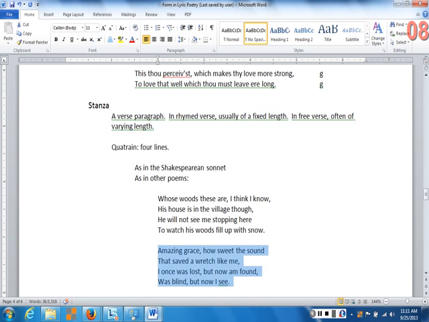All right? A song, a hymn, a gospel song, if you will, that is written in groups of four lines, four-line stanzas.